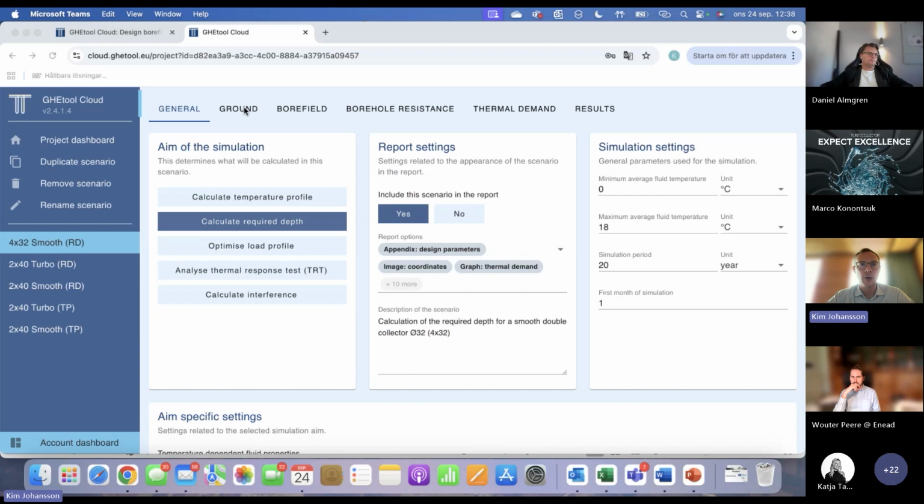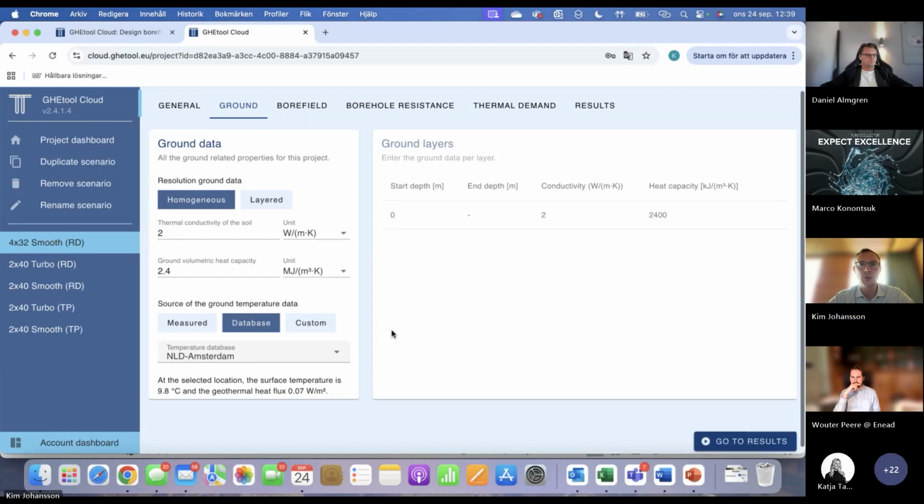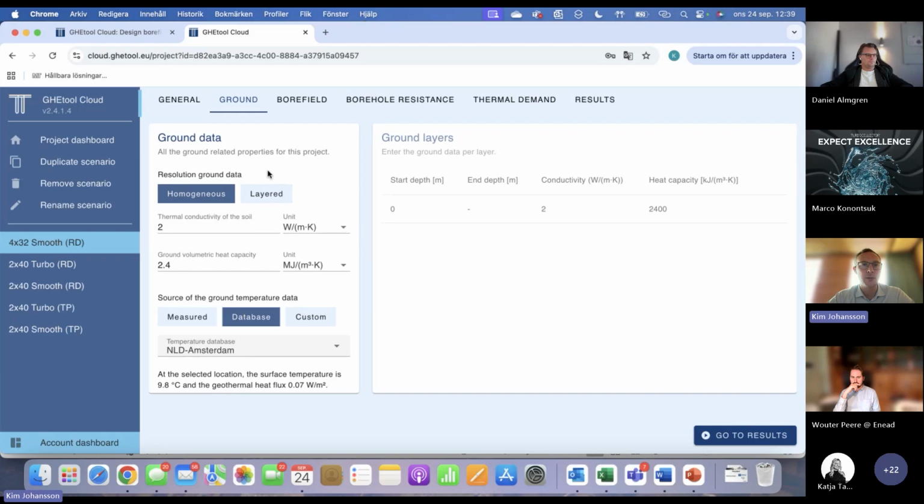Then we go to the next option here, which is ground. And here we could put in data for the soil or the rock that we are drilling in. Here we have put in some data that we have a thermal conductivity of the soil of 2 watt per meter Kelvin, and we have decided that we are drilling in the Amsterdam region.